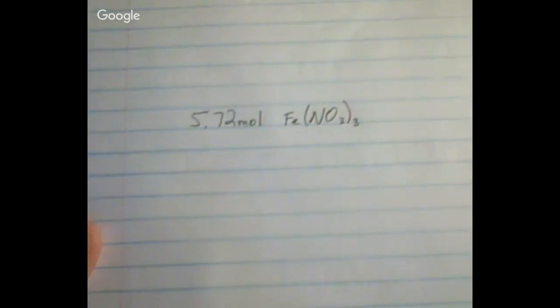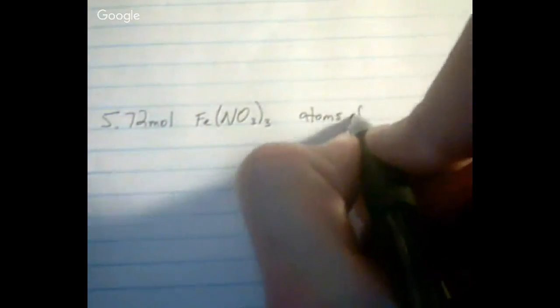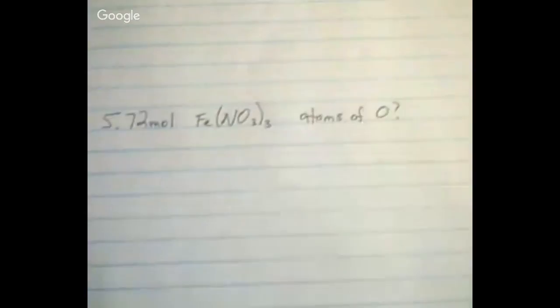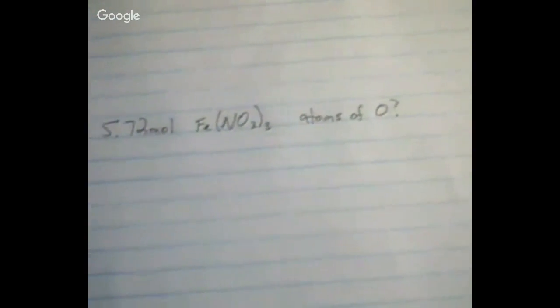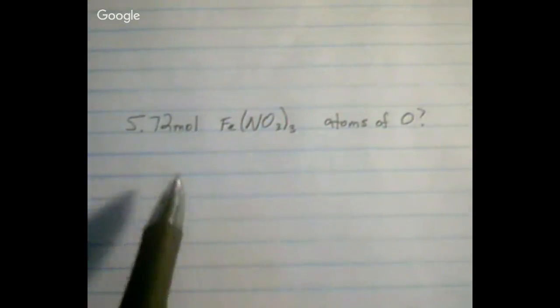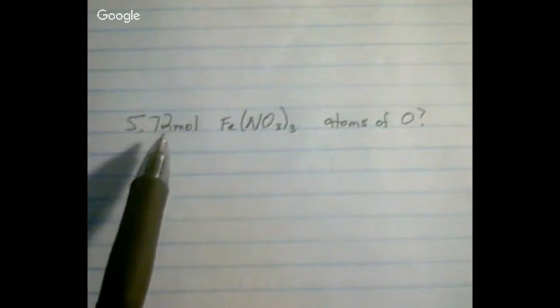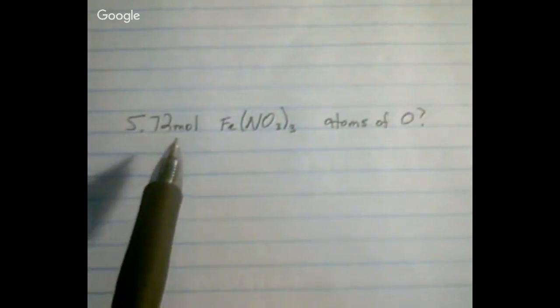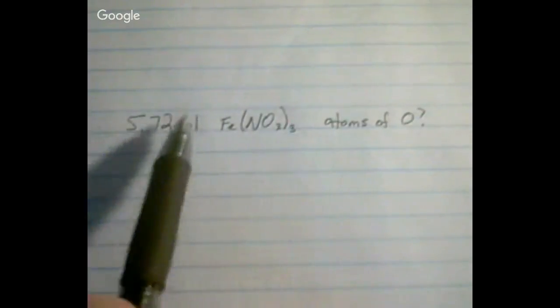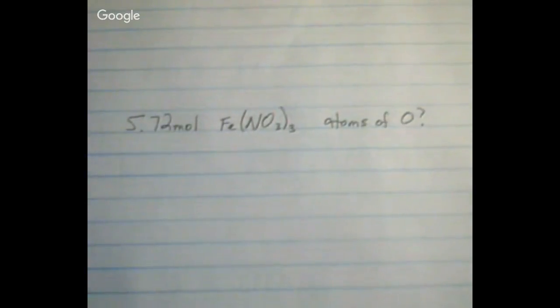And we want to know how many atoms of oxygen there are in that many moles, which again, a mole is just a number. So how many of these we have, if we have 5.72 moles of them, would be 5.72 times Avogadro's number. That's how many of those we'd have.